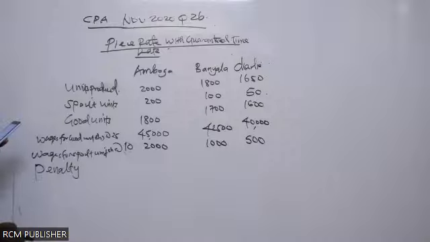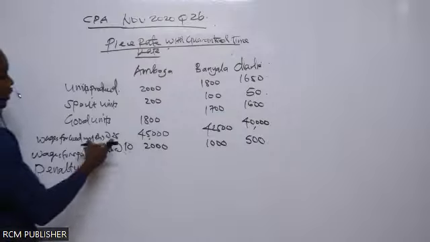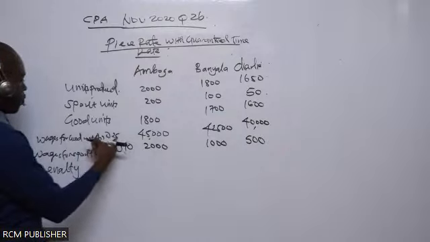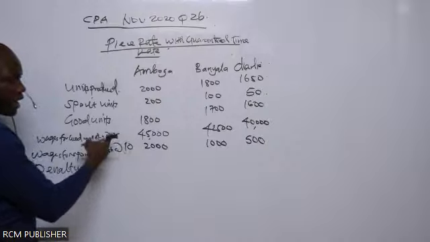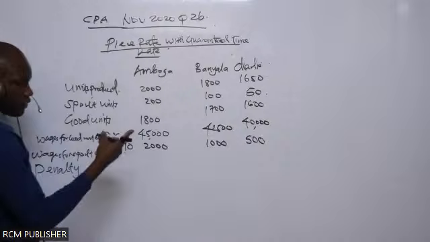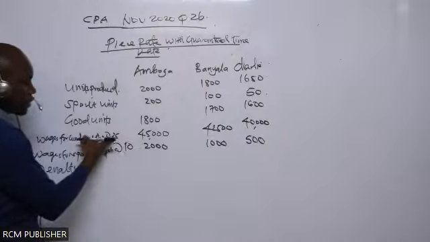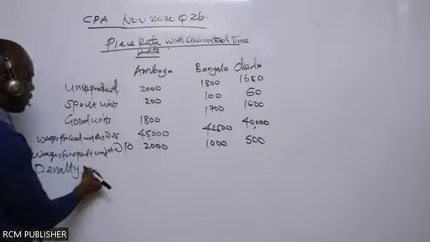So the penalty is 8%. The rate of good units here is 25 shillings. And a penalty is charged. What is the rate of the penalty? 8% of this rate here. So what will we have as the penalty rate?